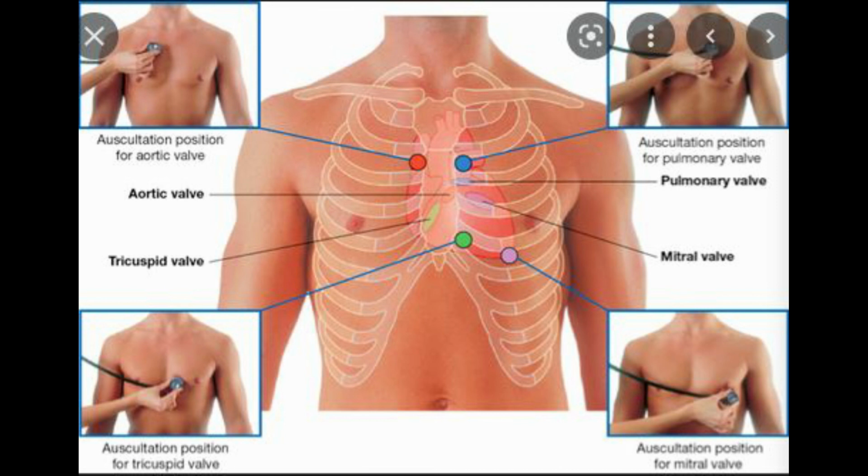So, by simple inspection of the chest, especially regarding the shape, distended vessels, abnormal position of the trachea, abnormal scar marks or sinuses, or abnormal cardiac impulses, we get valuable clues regarding the possibility of underlying cardiac pathology.